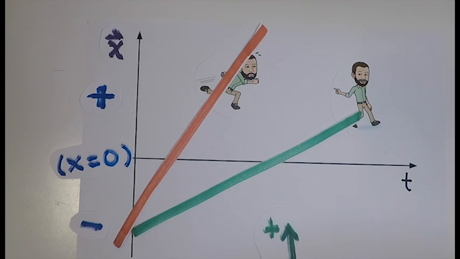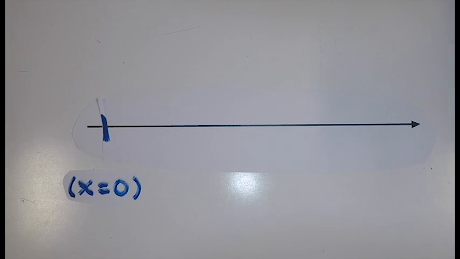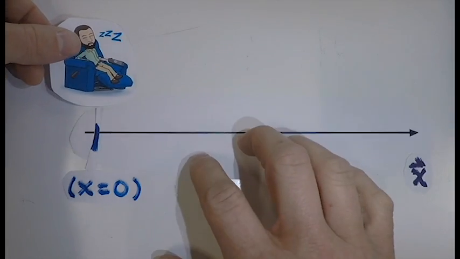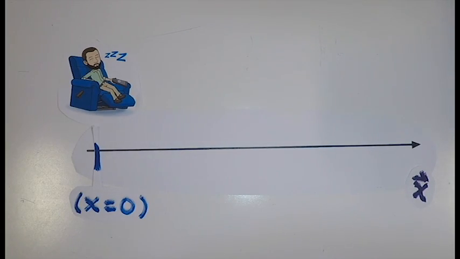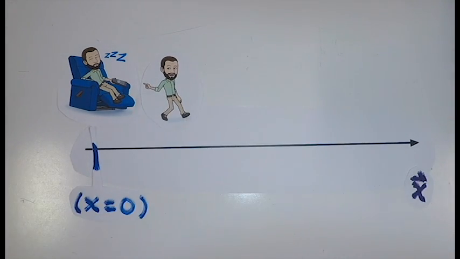So let's consider one more example that's maybe a little bit more complex. Suppose that I begin by sleeping at the origin. Sometime later, I begin to stroll and move in the positive direction.